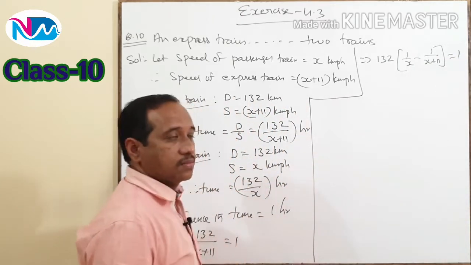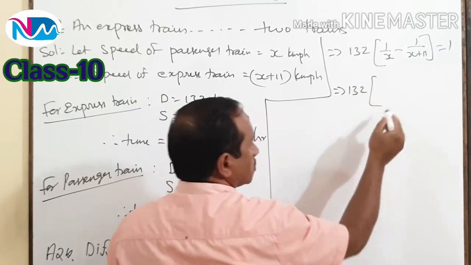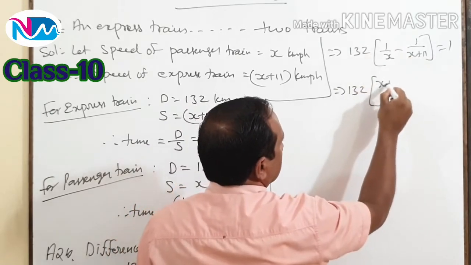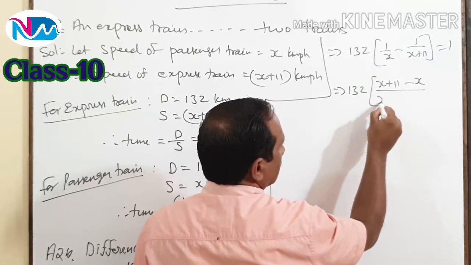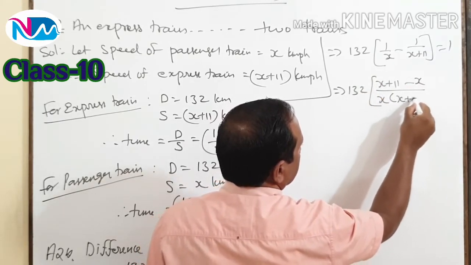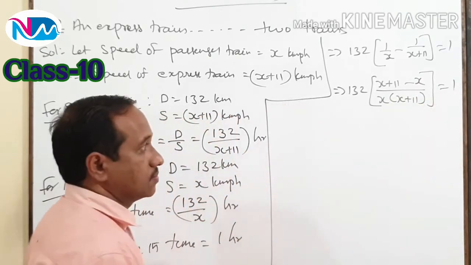equal to 1, which gives 132 into (x plus 11 minus x) whole divided by x into x plus 11 is equal to 1.